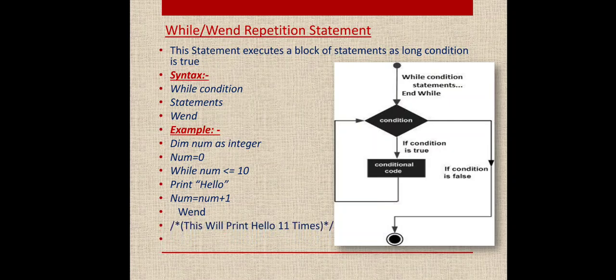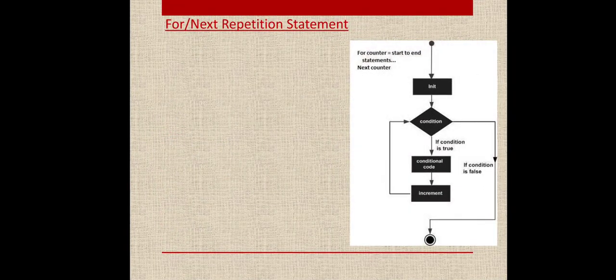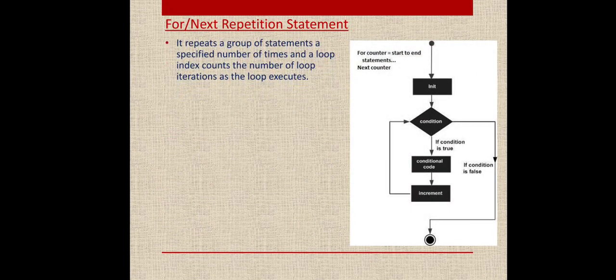After that, the next statement is the For...Next repetition statement. It repeats a group of statements a specific number of times, and a loop index counts the number of loops. To be simple, first we will try to understand the flow chart. We initialize the variable.